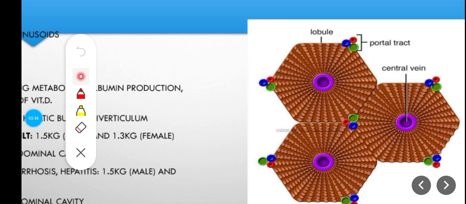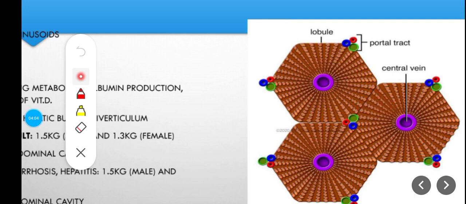And then you can also appreciate tiny spaces in between the irregular cords of cells. These tiny spaces represent the fenestrated sinusoids. These fenestrated sinusoids contain some macrophages, Kupffer cells. So Kupffer cells are the macrophages of the liver.